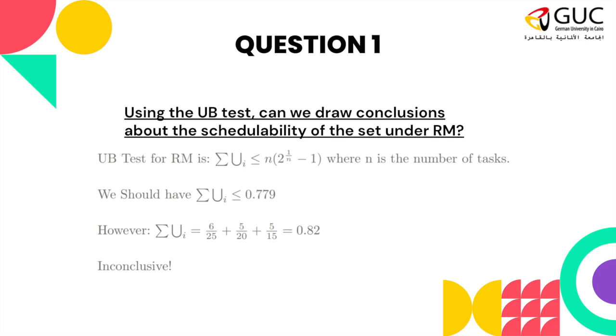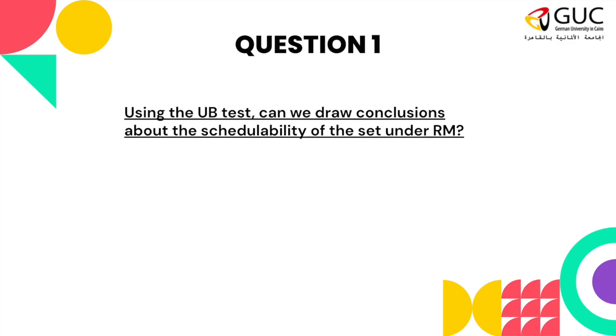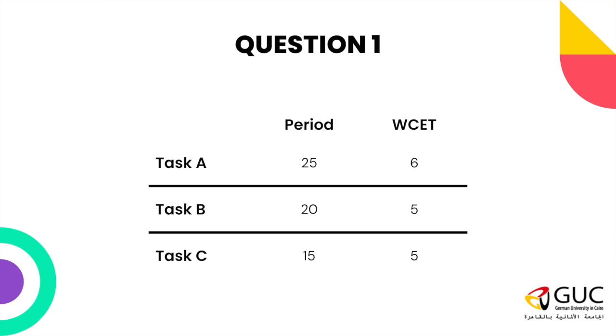So how does the utilization bound work? The UB test for RM is the summation of the utilizations, and the utilization is calculated as the computation time divided by the period for each task. So we want to sum the utilization of all 3 tasks present in this set, and the utilization is the computation time, which is the execution time, divided by the period of the task.